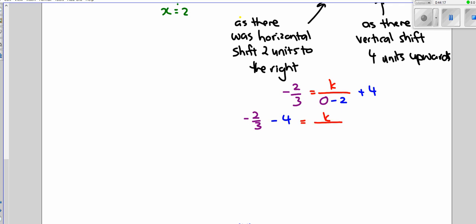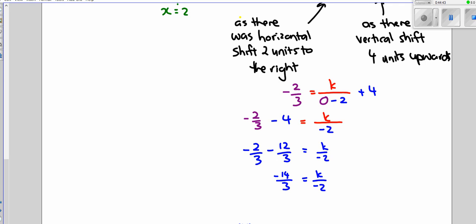Negative 2/3 minus 4. But as a third, 4, would you agree it's the same as 12/3? So negative 2/3 minus 12/3 is negative 14/3, equals k over negative 2. You could cross multiply now if you want.